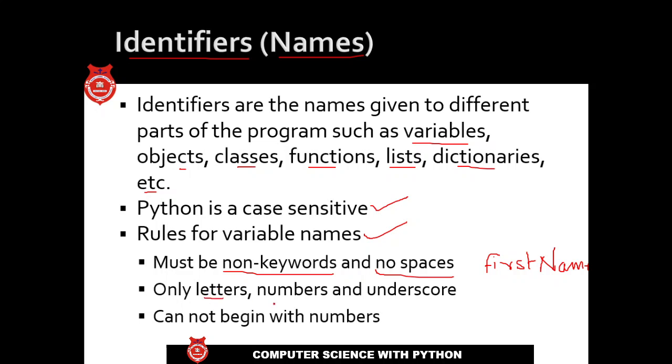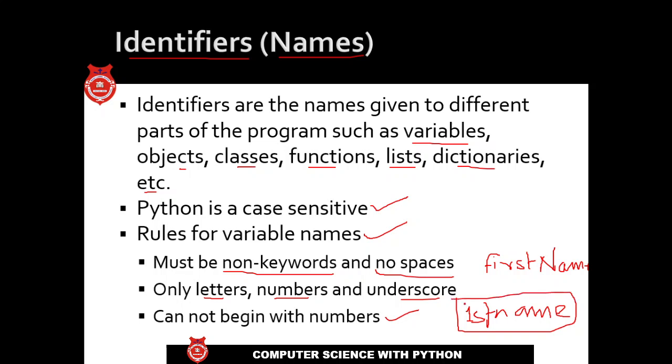Only letters, numbers, and underscores can be used as variable names. And another thing is, you cannot begin with numbers. For example, while creating variable name, if I say 1st name, which means first name, if I write like this, then this is an invalid variable name.